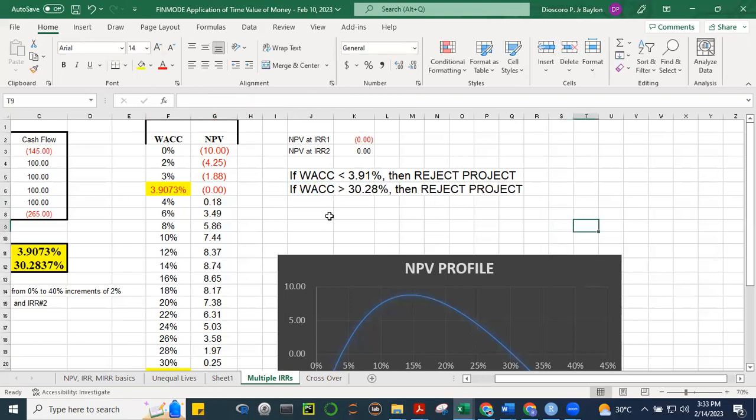Okay, if it's greater than 30.28. So dapat yung WACC natin, so ganito pala, 3.91% is greater than or equal to WACC, and then it's less than 30.28.